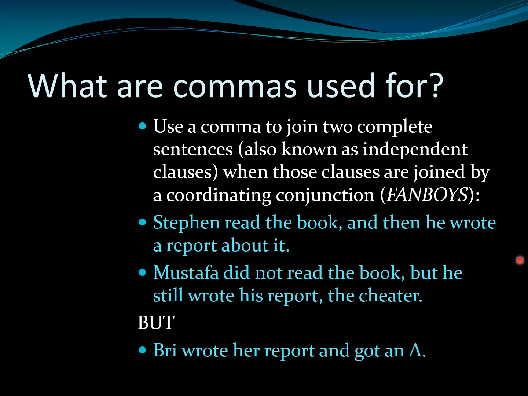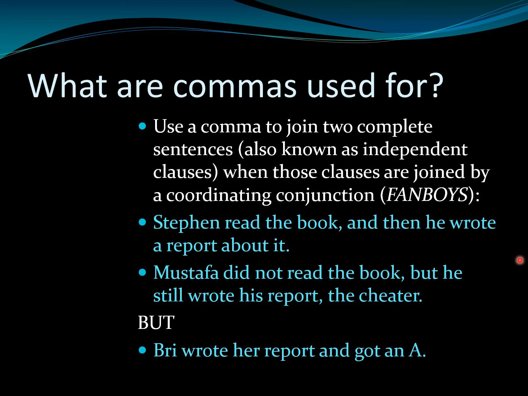But if you do not have a complete sentence on either side of that and, do not use the comma. This is one of the biggest hypercorrections that students make when they learn comma rules. They put commas everywhere that they see: for, and, nor, but, or, yet, and so.